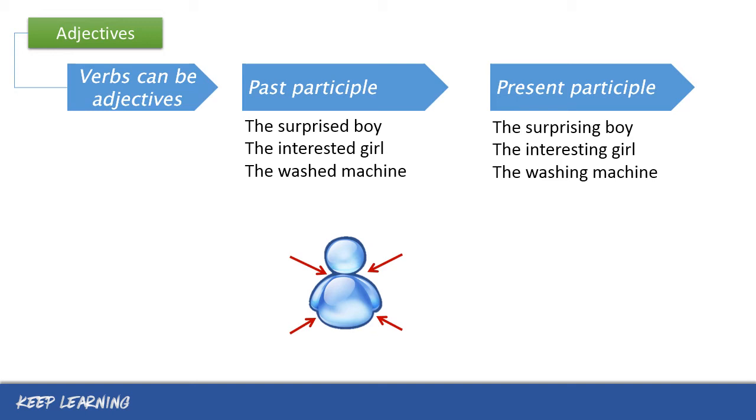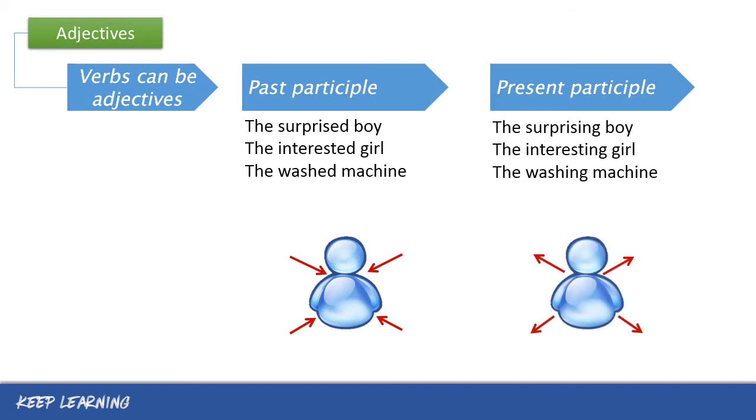Right, you got it? So this is a different relationship, because the surprising boy is a boy that, I don't know, maybe he plays all the Beethoven sonatas and he plays wonderfully, so people receive surprise. And the interesting girl is that this girl affects other people. And the washing machine is a machine that washes other things.